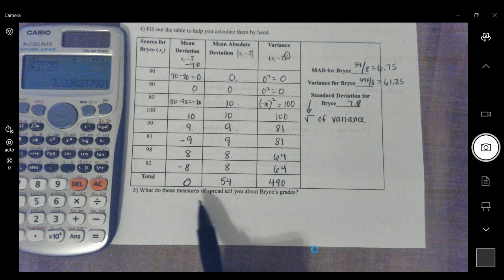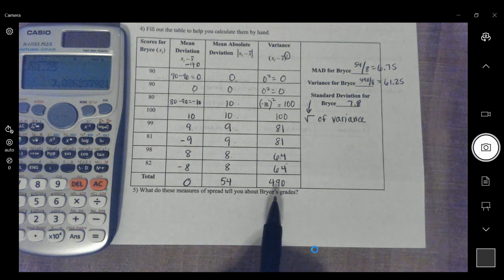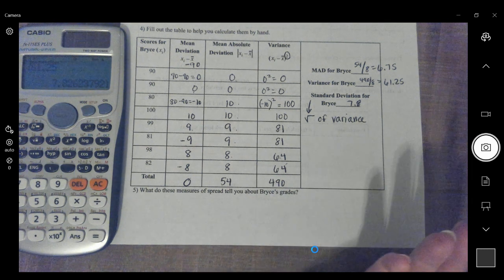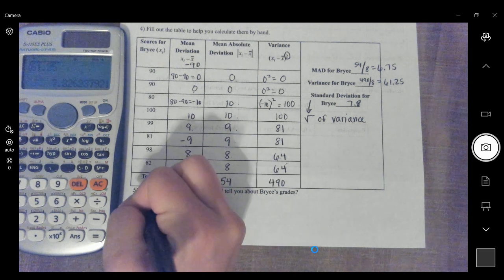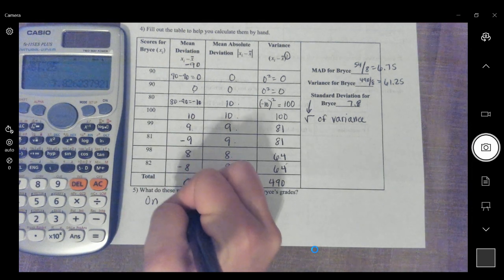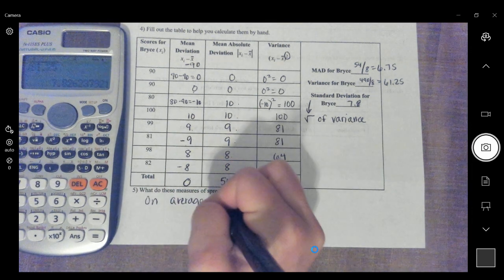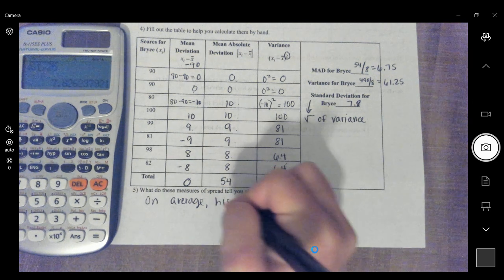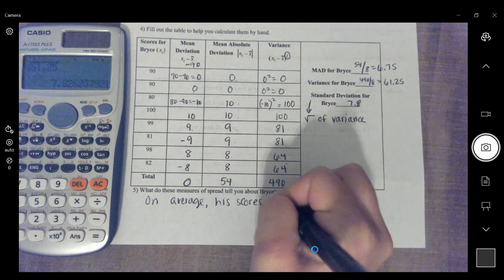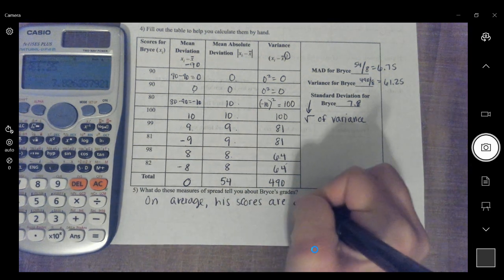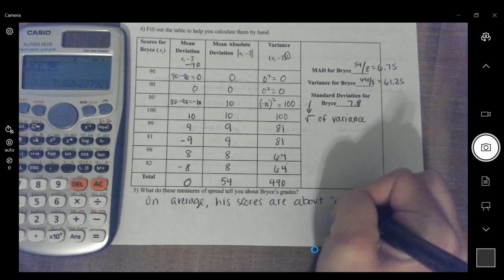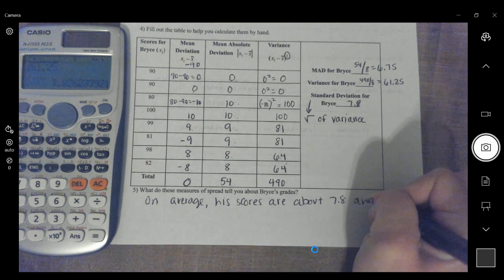Okay, so what do these measures of spread tell you about Bryce's grades? So I'm going to use standard deviation to describe it. So it would say on average, his scores are about 7.8 away from the mean.